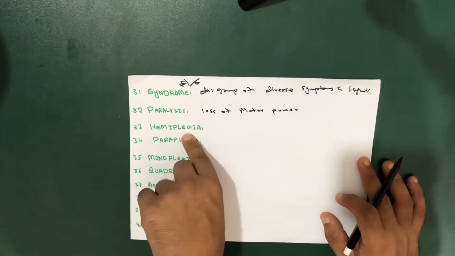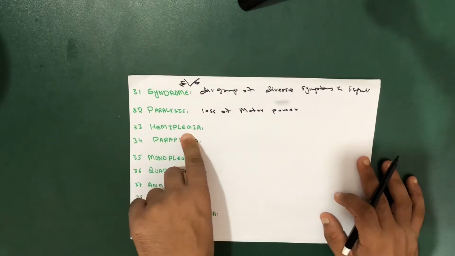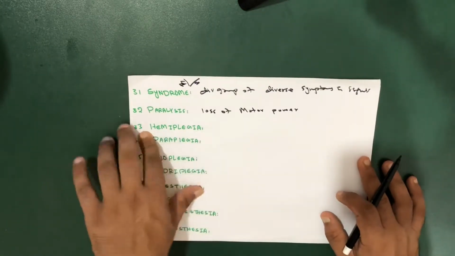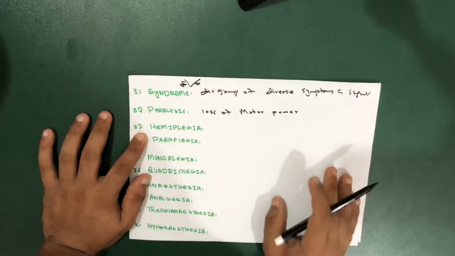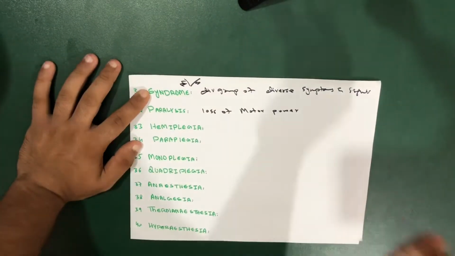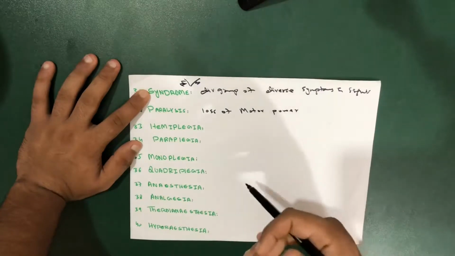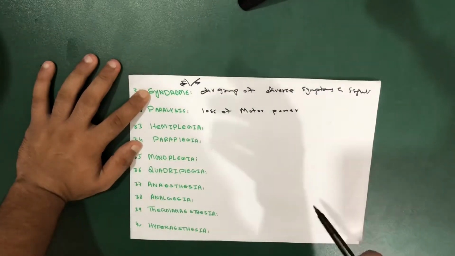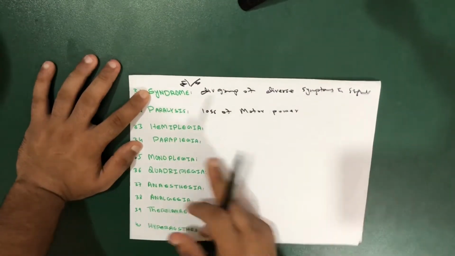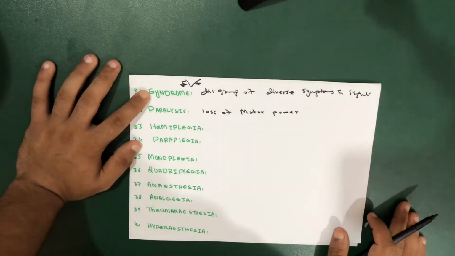Now let's talk about hemiplegia. Hemiplegia is the paralysis of one half of the body. You must have heard of people whose body is paralyzed in half. Sometimes they take a bath at night, then sleep in a cold room, and they get hemiplegia. A lot of the time that occurs.